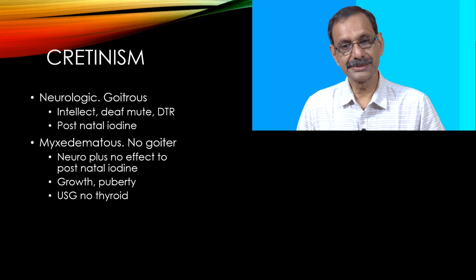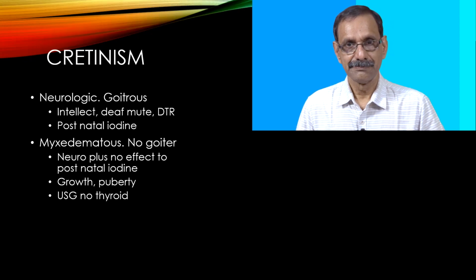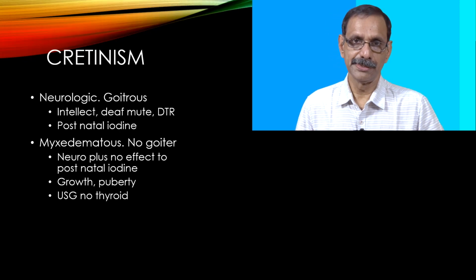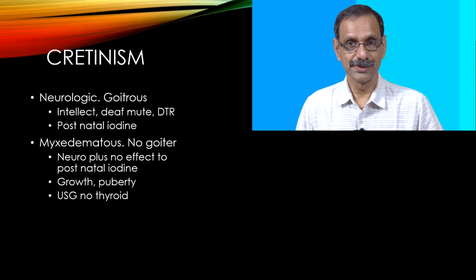This is in contrast to neurological cretin, where the thyroid gland is actively trying to produce thyroxine, but there is not much thyroxine in the baby's body. So feedback impulse to the pituitary, a lot of TSH comes and the gland enlarges, so the baby is born with goiter. So neurological cretin is a goitrous cretin, myxedematous cretin is a non-goitrous cretin.